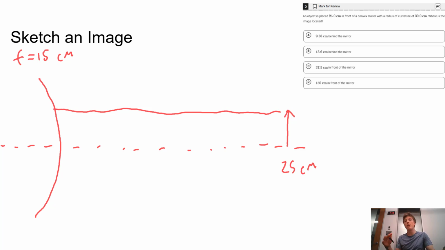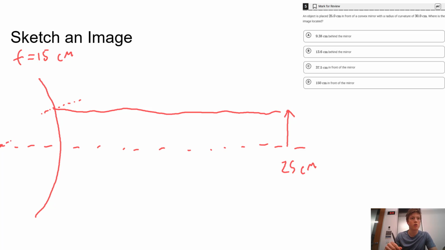And then the mirror will reflect it away. If we look at the normal point, it'll try to reflect away since it's curved. Basically, we know with convex mirrors, we have the focus point here, and it reflects away from that point.